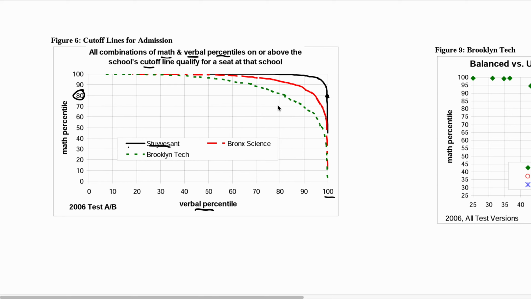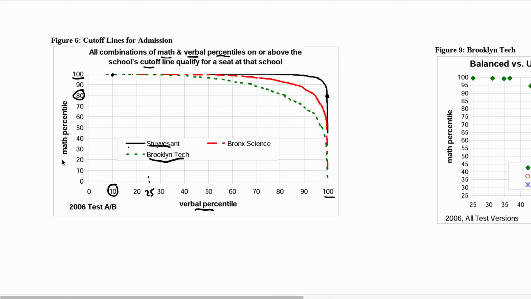So this kind of shows us that, if we look at Brooklyn Tech, for the math, if you ace it, you only need to get something like 10% on verbal, which is basically not much better than guessing. Actually it's worse than guessing, right? Because there are, to the best of my knowledge, 4 multiple choice questions on each.